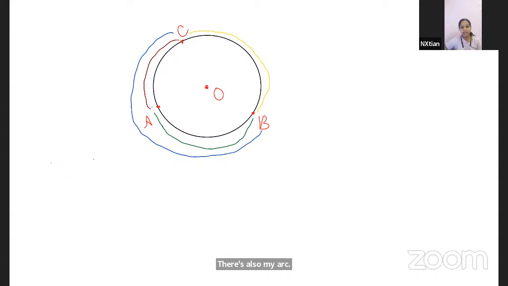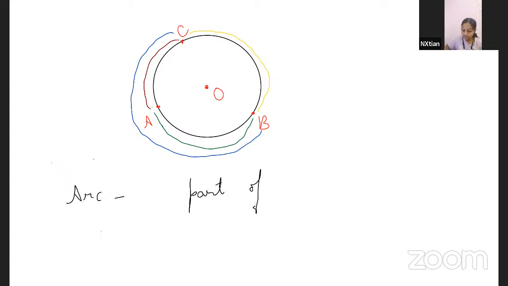So these are basically called the arcs of a circle, a part of the circumference of a circle. Hope what is an arc is clear to you.